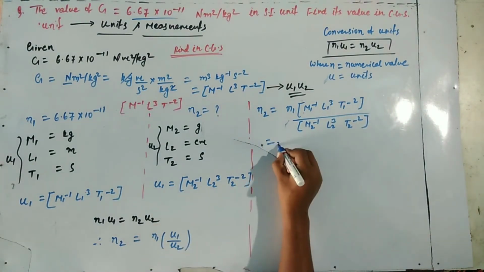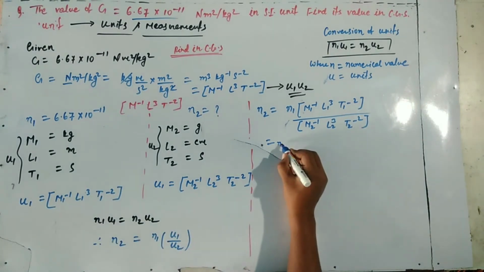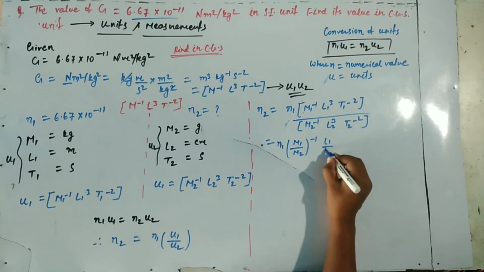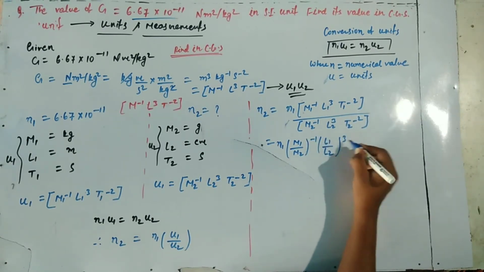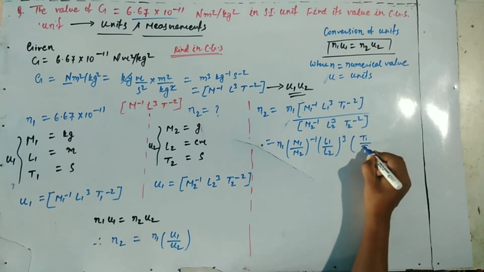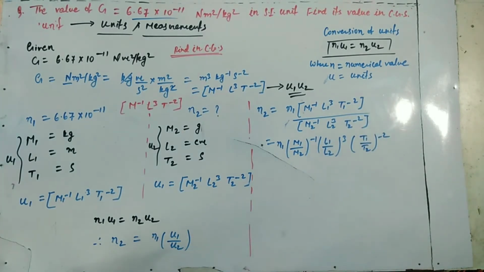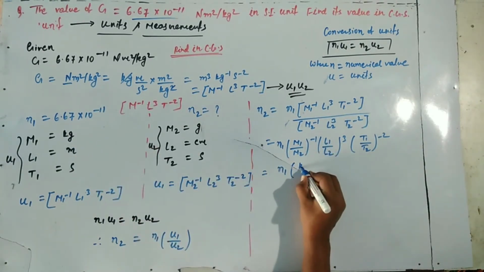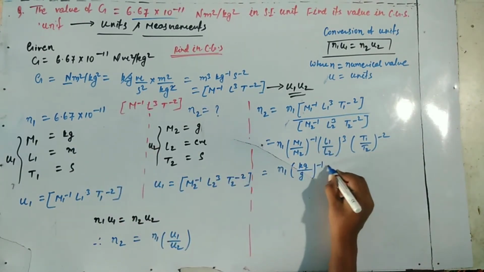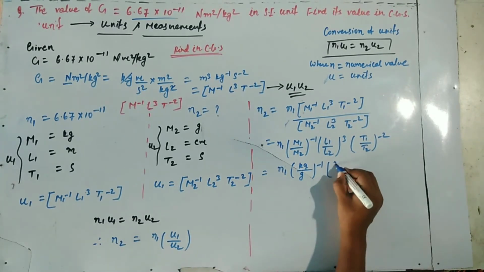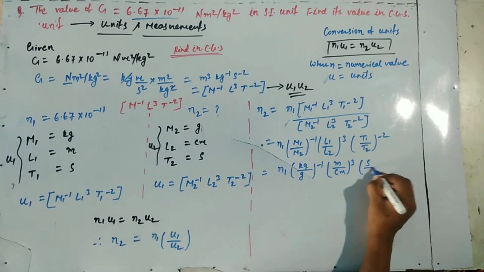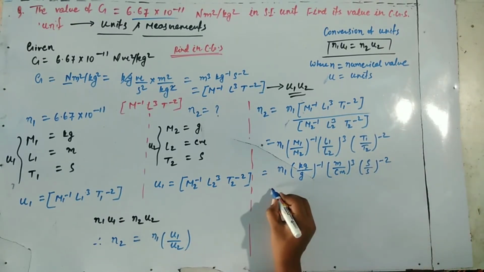Now we take it in the form of powers. N2 equals N1 into M1 by M2 power minus 1, L1 by L2 power 3, T1 by T2 power minus 2. This equals N1 into kg by gram power minus 1, meter by cm power 3, second by second power minus 2.